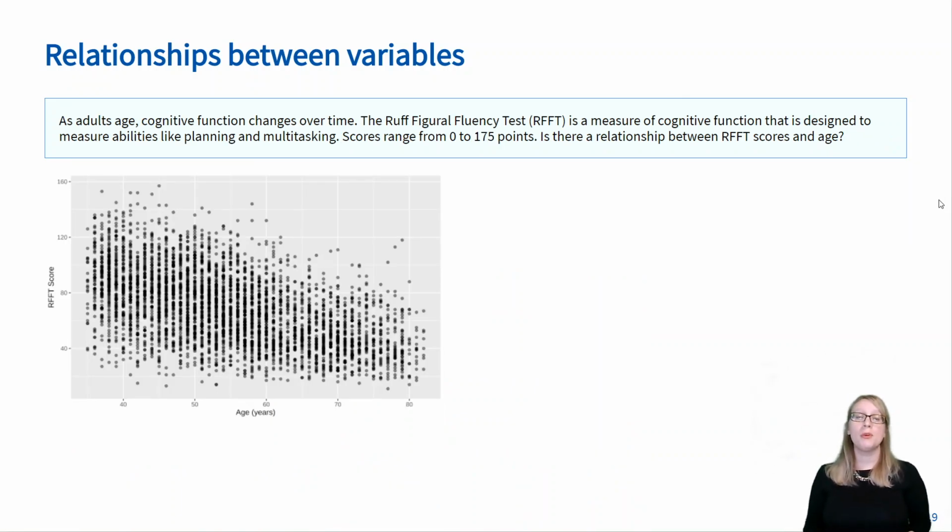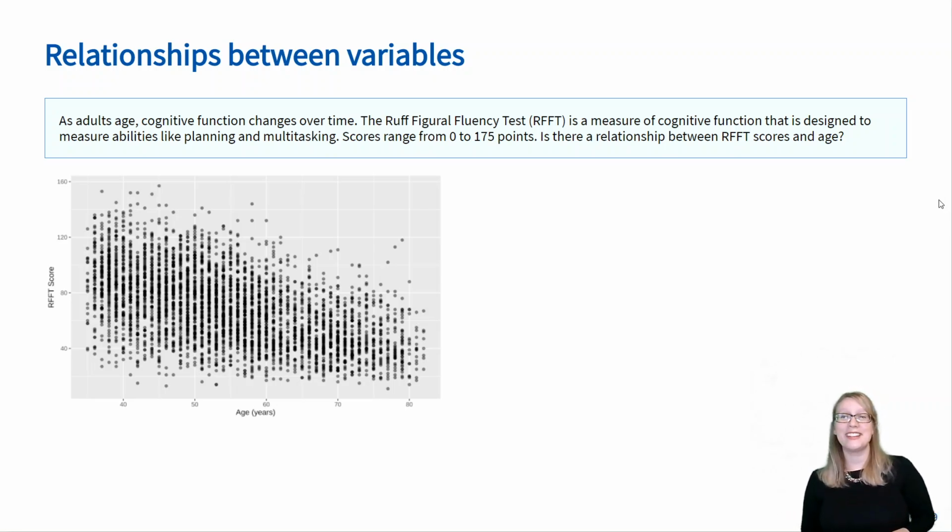So as people age, cognitive function changes over time. A test that can be used to measure that is something called the Rough Figural Fluency Test, or RFFT. This is designed to measure a person's abilities to plan, to multitask, to think ahead. Scores on this RFFT test range from 0 to 175 points.